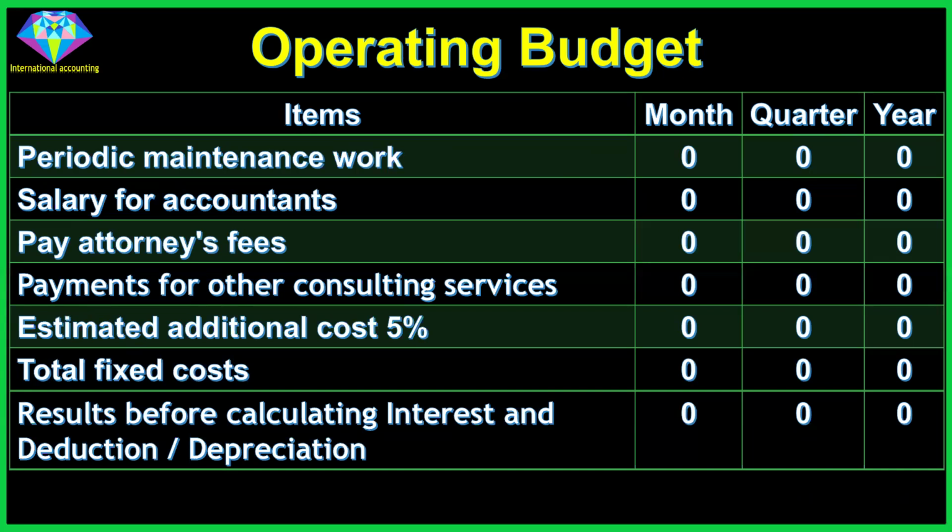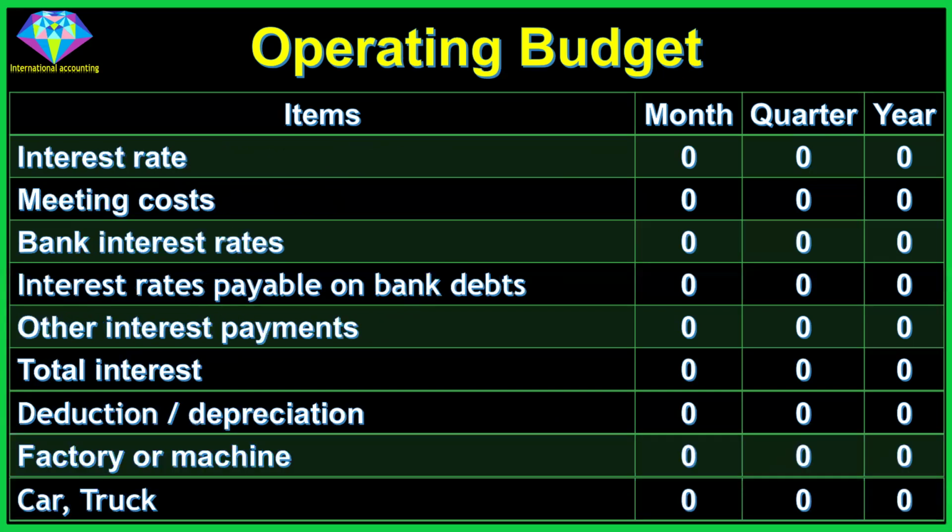Then we calculate the performance results. Results before calculating interest and deduction, depreciation equals sales revenue minus variable minus total fixed costs. We calculate the interest rate, bank interest rates payable on bank debts, other interest payments, total interest, deductions, depreciation, factory or machine.